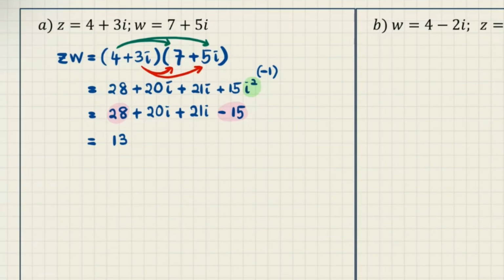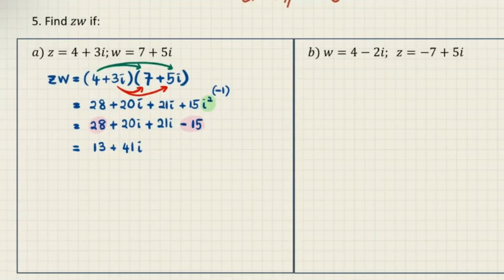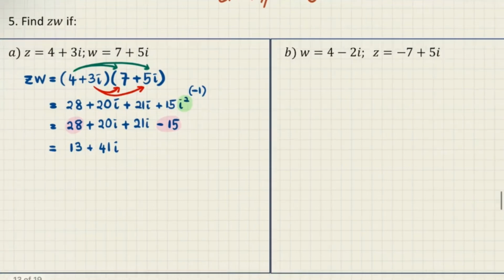And 20 plus 21 adalah 41. Okay. So far okay. Okay, betul lah. Okay, so ini adalah yang pertama. So jawapan kita dah dalam bentuk x plus yi ataupun a plus bi. Okay. And now kita pergi kepada this one.